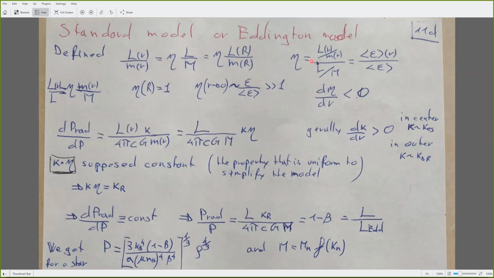That means that this eta can be seen as the mean energy production rate at a certain radius divided by the mean calculated on all the mass of the star. For example, for the sun, the total mean energy production rate is about 2 erg per gram per second. And this, okay, depends on the radius.